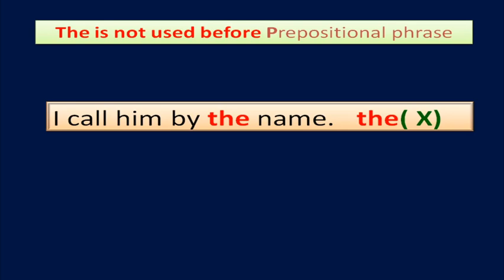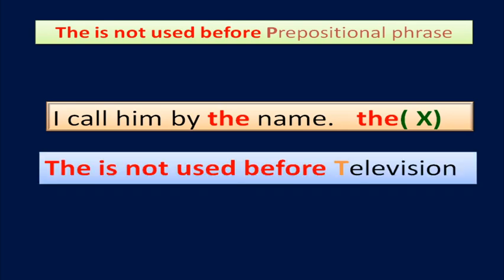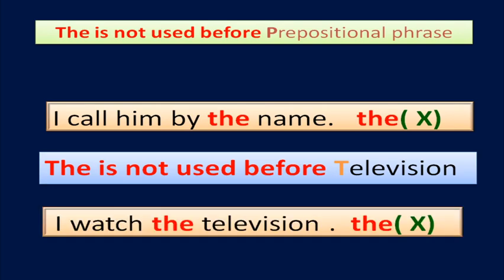In case of prepositional phrase, you know very well what is preposition, right? That precedes a noun or pronoun. I call him by name, not I call him by the name. It's wrong. I call him by name. In the same way, before television, you should not use article, right? I watch television.